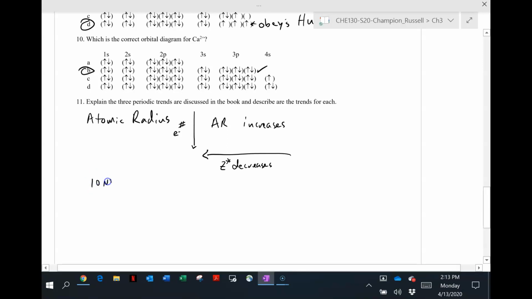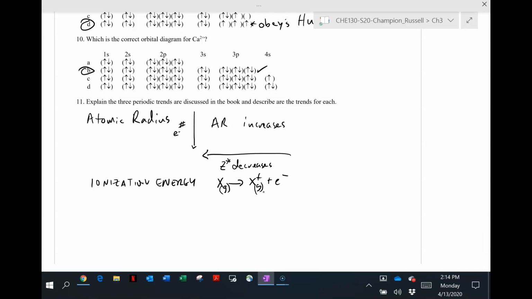Ionization energy is the energy to take an element and take one electron from it, is the first ionization energy. This happens in the gas phase. The trend with that is related to the atomic radius.